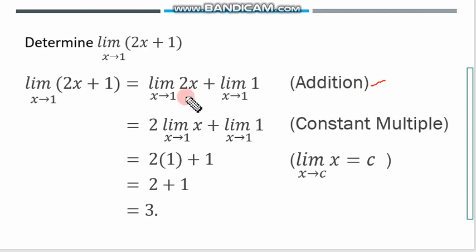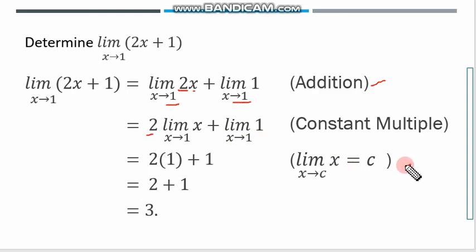So the limit of 2x as x approaches 1 and the limit of 1 as x approaches 1. Next, since we have a constant together with a variable, we will use the constant multiple theorem. So we will separate the constant, which is 2, times the limit of x as x approaches 1, plus the limit of 1 as x approaches 1.